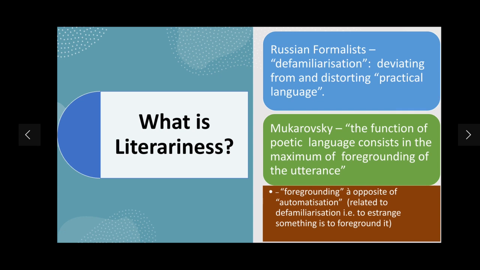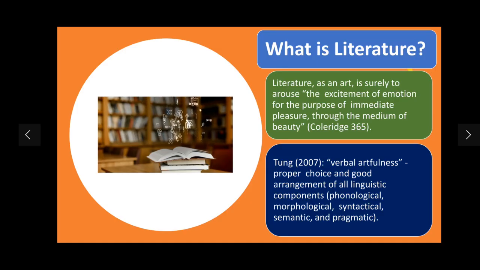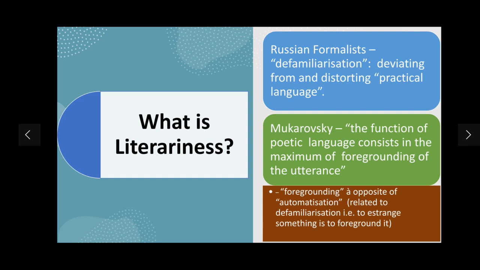Thank you so much. It was all about this lecture. The purpose of this lecture was to introduce what is literary stylistics and what is foregrounding. We also introduced what is literature, and we also talked about what is literariness.